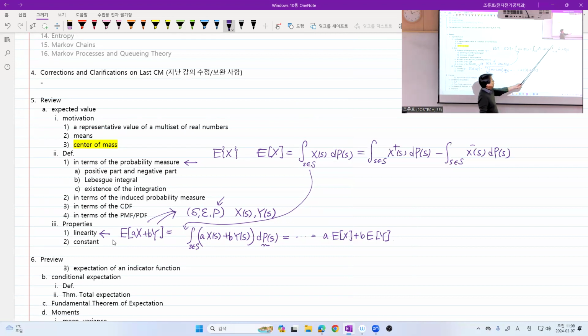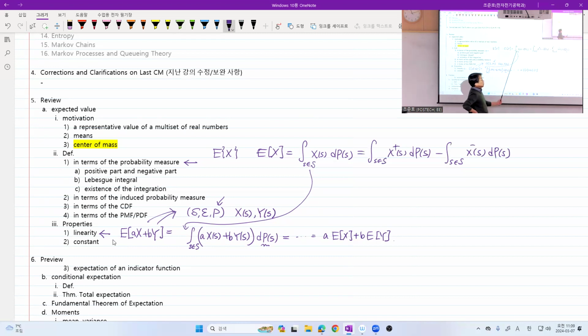And the second integration, because X minus of s is also non-negative, you either have a finite number or plus infinity. If either the first integration or the second integration is infinity, our subtracted difference does not exist.